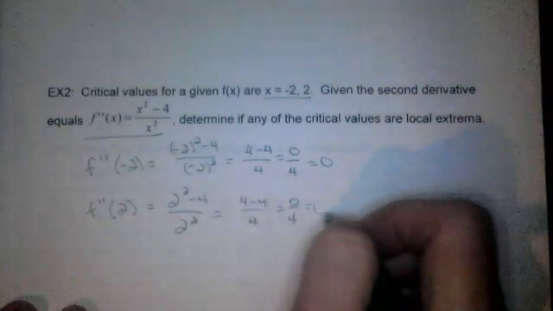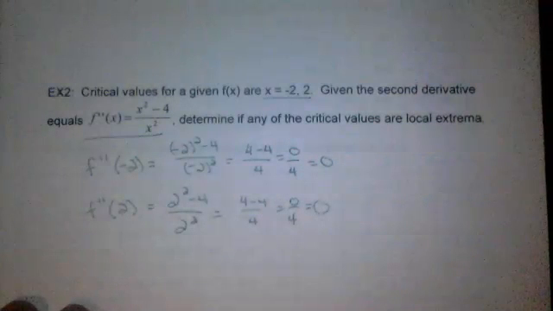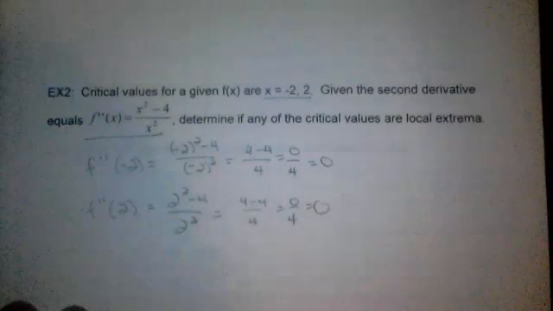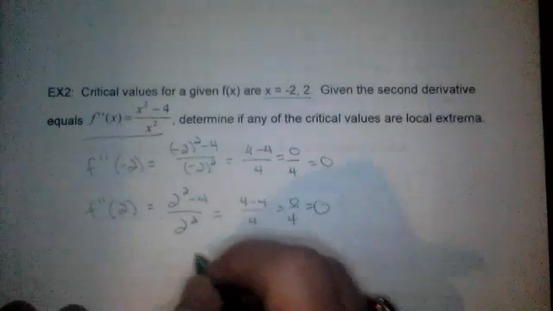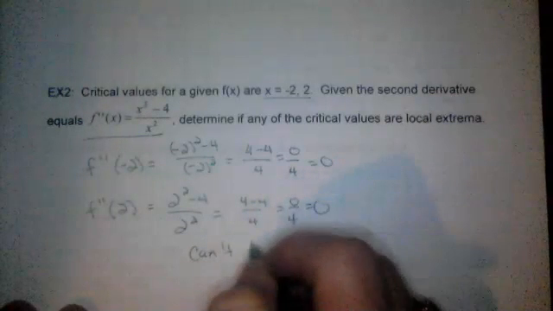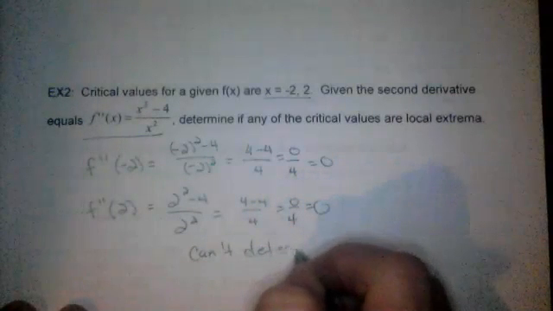which is 0. And so that does not fit with our second derivative test. So this is not going to give us enough information. Now that does not mean that it's not a max or a min. It just means that we can't determine from the second derivative test whether or not there is a local max or min.